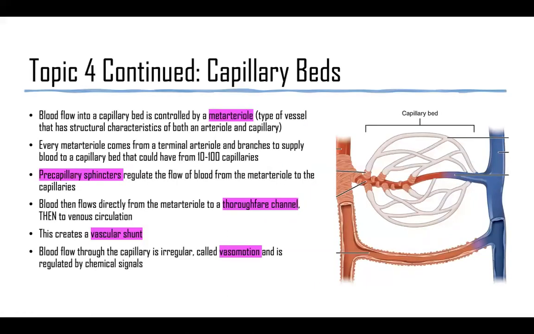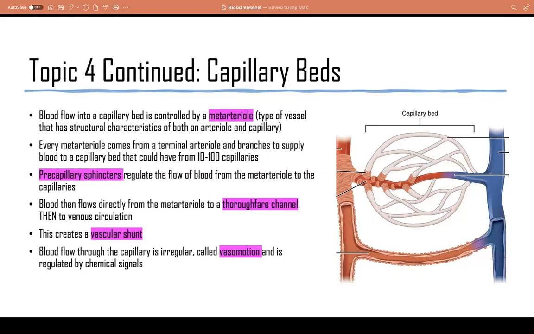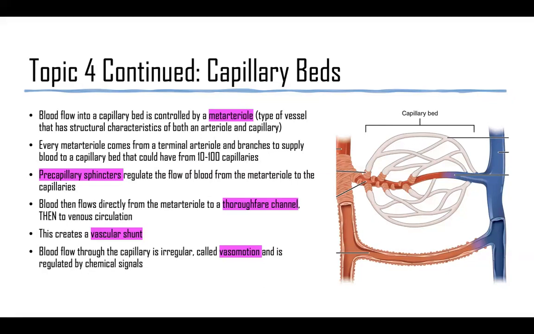And now we're going to continue on the topic of capillaries and move on to capillary beds. Blood flow into capillary beds is controlled by a meta-arteriole, a type of vessel that has characteristics of an arteriole and capillary. Each meta-arteriole comes from a terminal arteriole and then eventually branches off in order to supply blood to a capillary bed that could have from 10 to 100 capillaries.